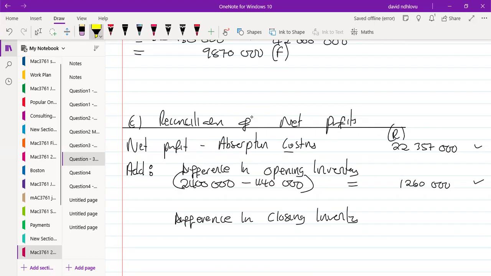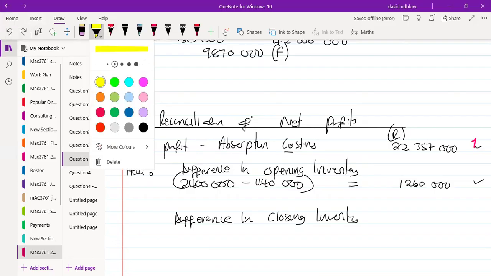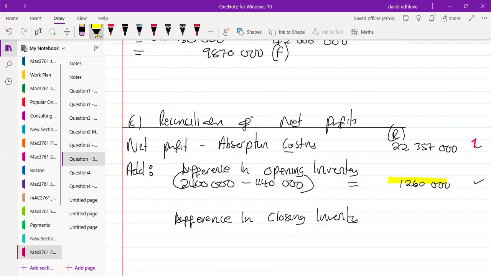Included in the net profit based on absorption costing was an additional amount of 1,260, which is the difference between the opening inventory values, which was not included in variable costing. Because it is opening inventory, it was reducing profit. So to align with variable costing, add it back. That's what we are doing. Are we on the same page?